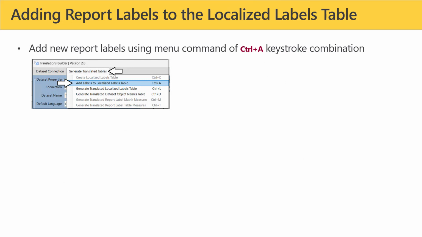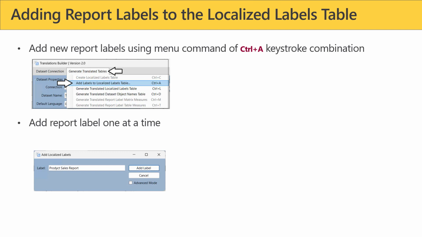Now, when it's time to add report labels, once Translation Builder sees that your project already contains the localized labels table, it then provides the Add Labels to Localized Label Table command, or Control-A. Executing that command will bring up the Add Localized Labels dialog.